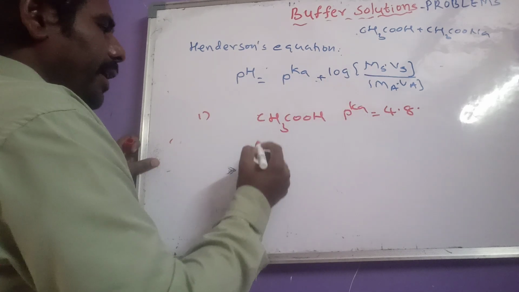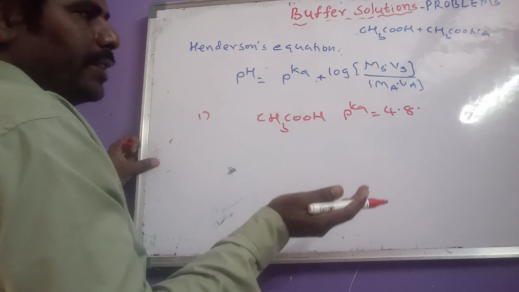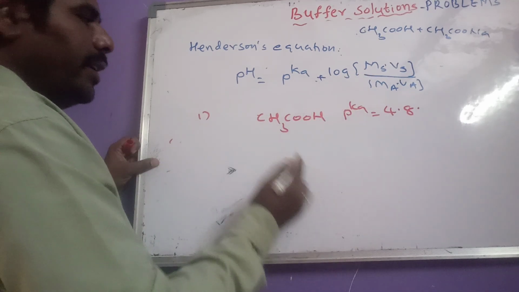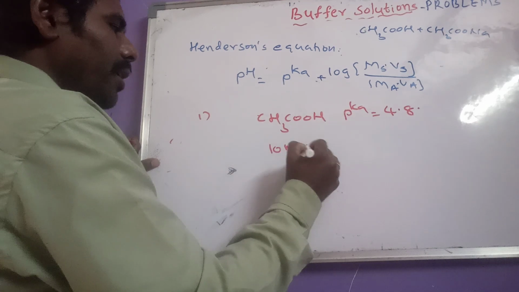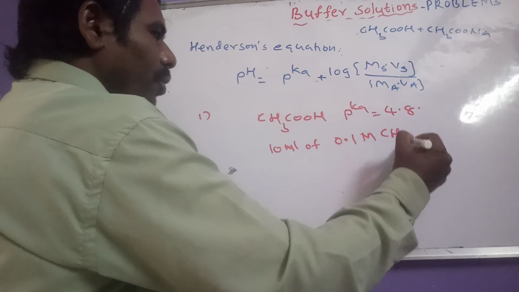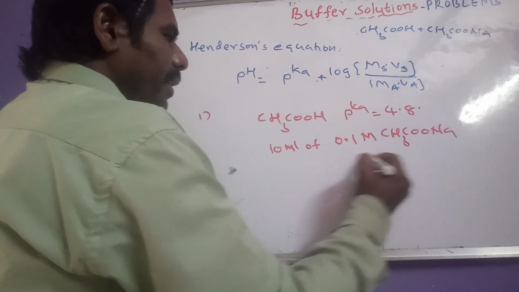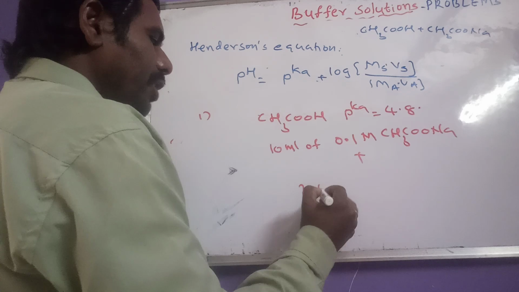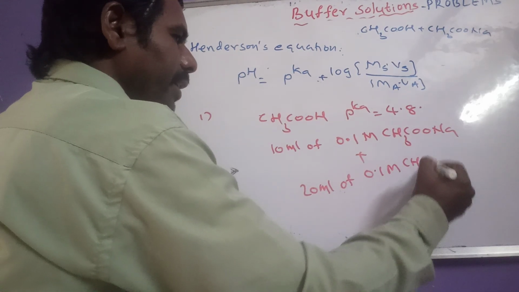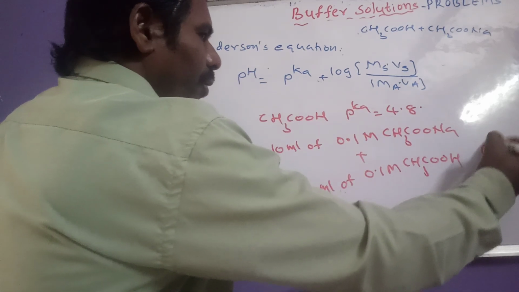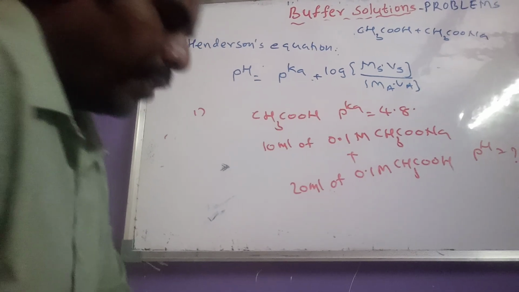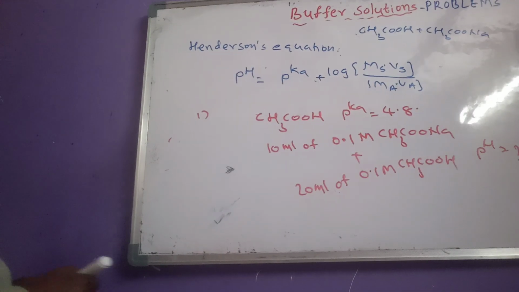Now, by mixing acetic acid and its salt: 10 ml of 0.1 M sodium acetate is mixed with 20 ml of 0.1 M acetic acid. Therefore, what is its pH value? So this is the question. We have to calculate the pH value.